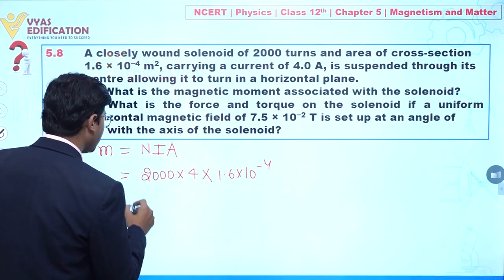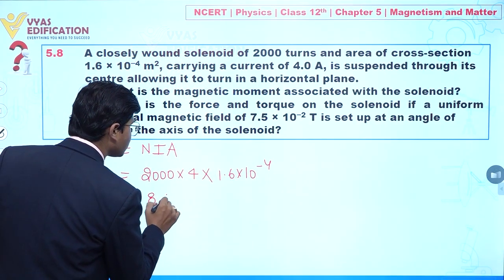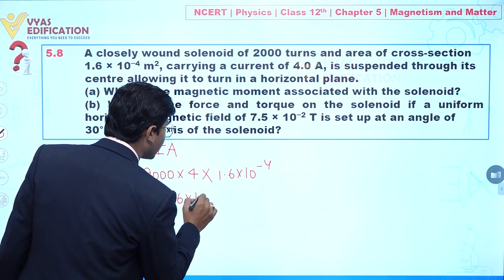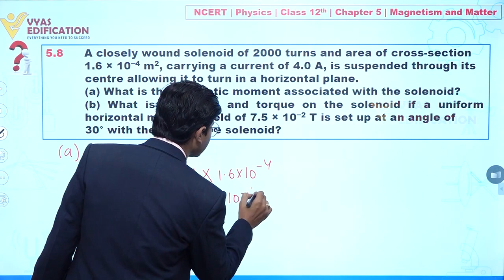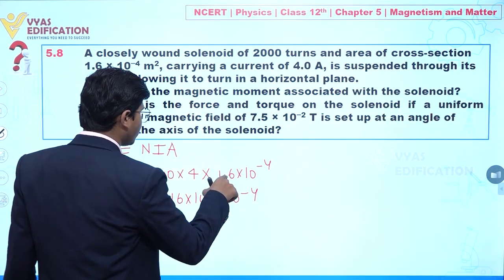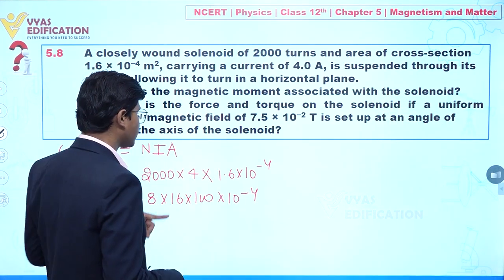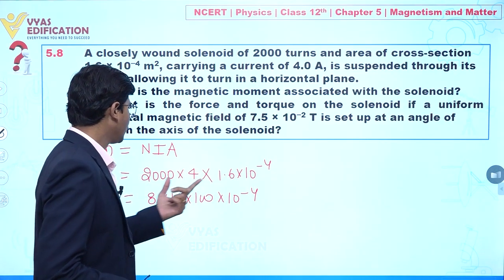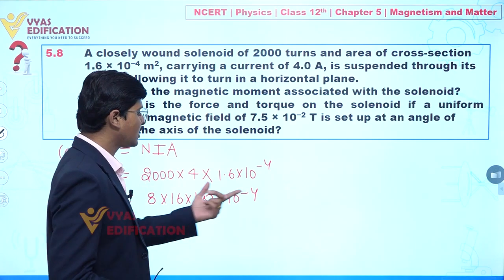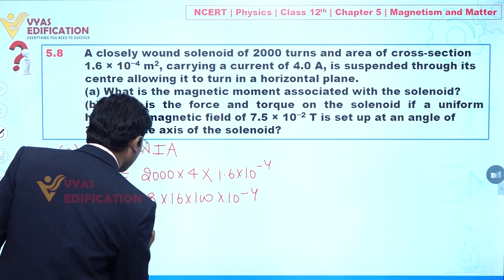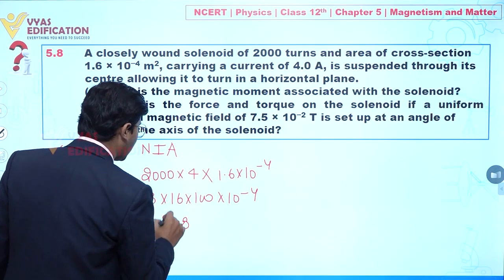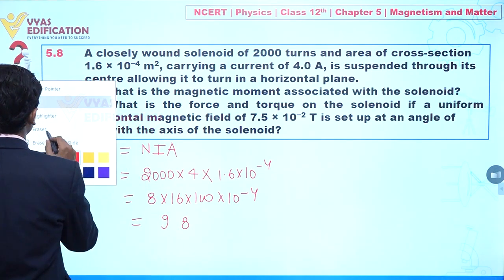So from here we can write 4 into 16 into 100 into 10^-4. The decimal point is removed, this 10 is cancelled out, 16 into 8, multiplied by 100 into 10^-4.